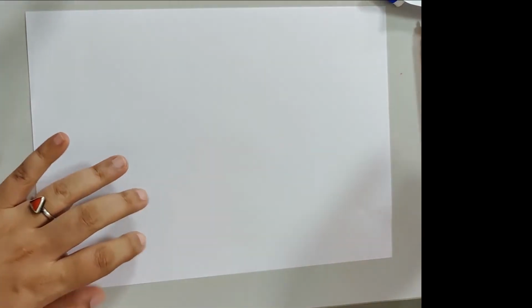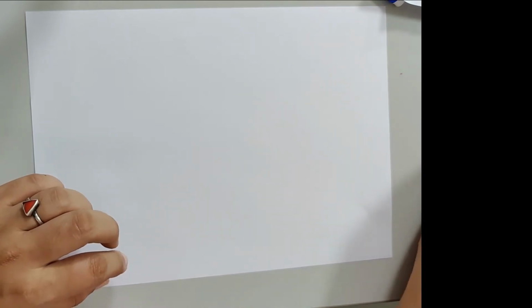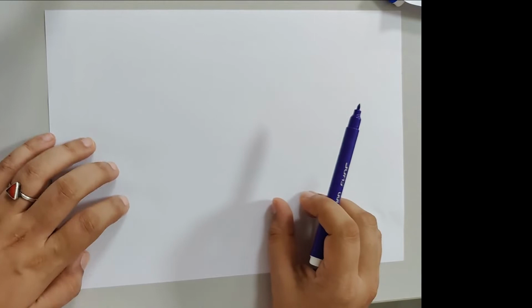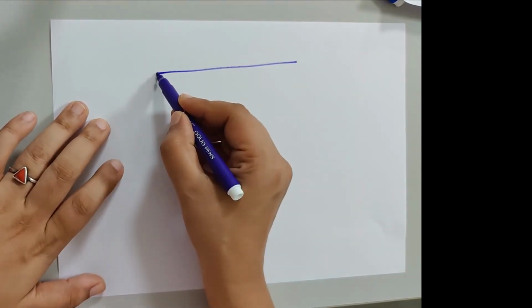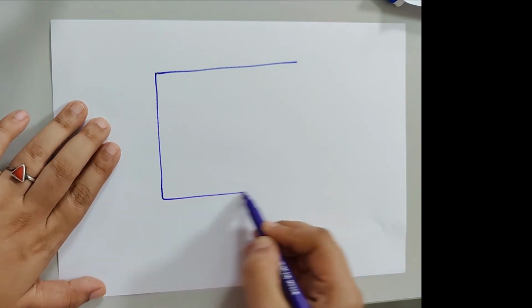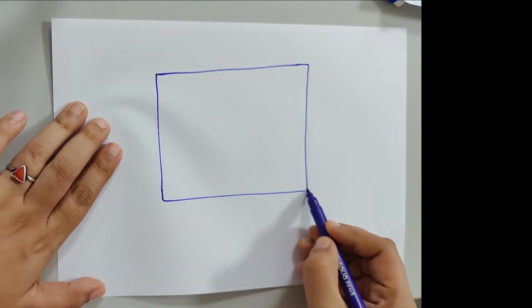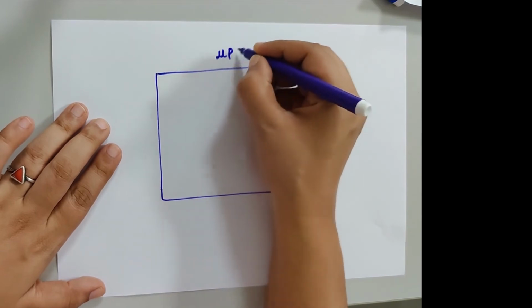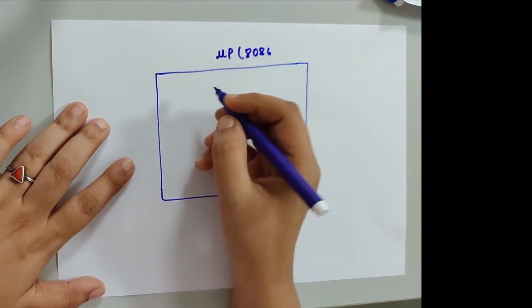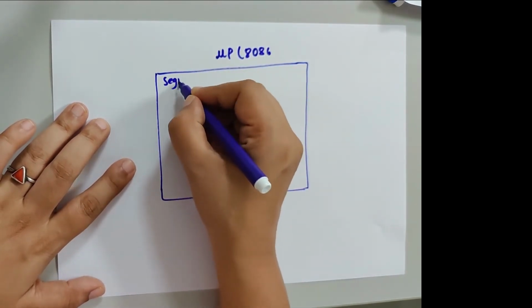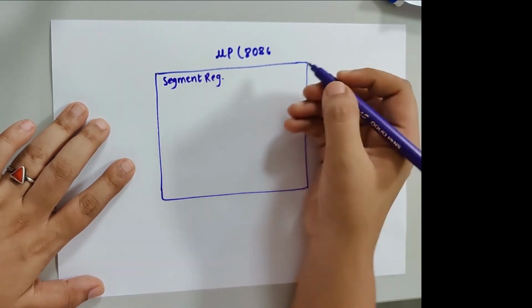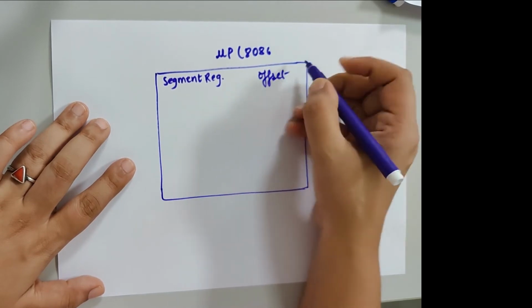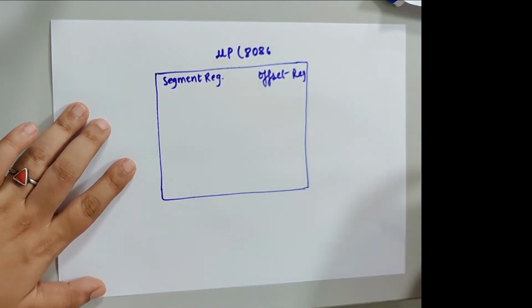Okay, so we have already seen what the segment registers are. Now we'll see the names of the offset registers also for all the segments. So this is your MPU 8086. Now we will see what the segment registers and the offset registers are.